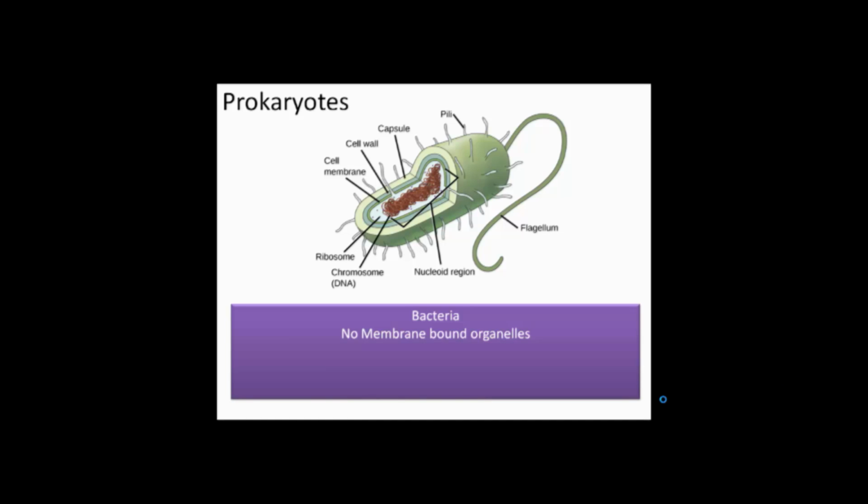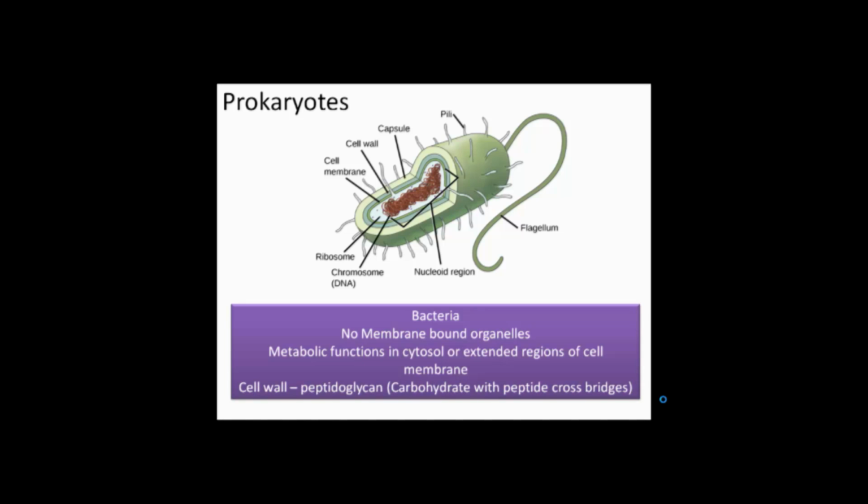It's just DNA, cytosol, nutrients, ions, amino acids, proteins, RNA, ribosomes. That's it. The metabolic functions will occur in the cytosol or in extended regions of the cell membrane. Their cell membrane actually will have folds in it to increase that surface area for those metabolic reactions.